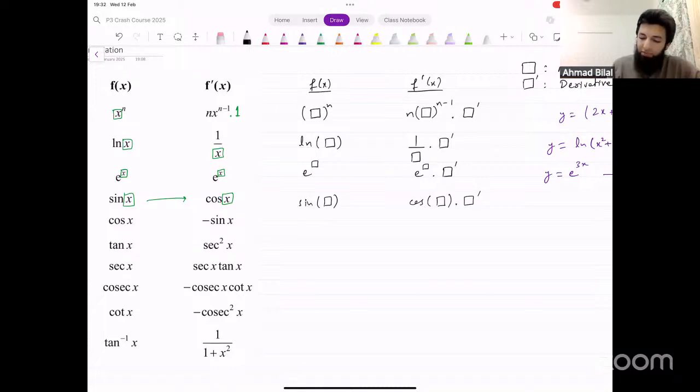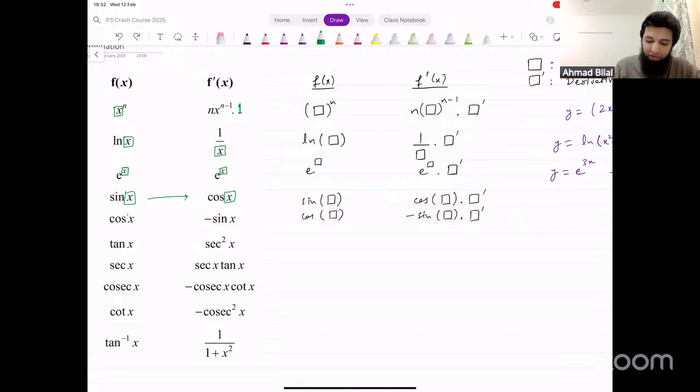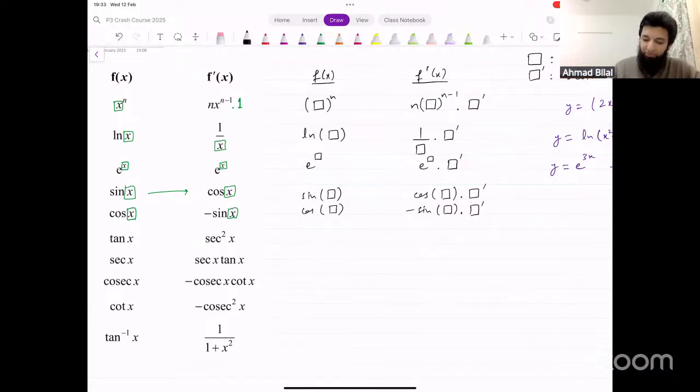Derivative of sine is cos, and the derivative of cos of something is minus sine of that thing into the derivative of whatever is inside this bracket. So whatever x is replaced by, you have to multiply by the derivative of that as well. That's what's happening in all of these rules.